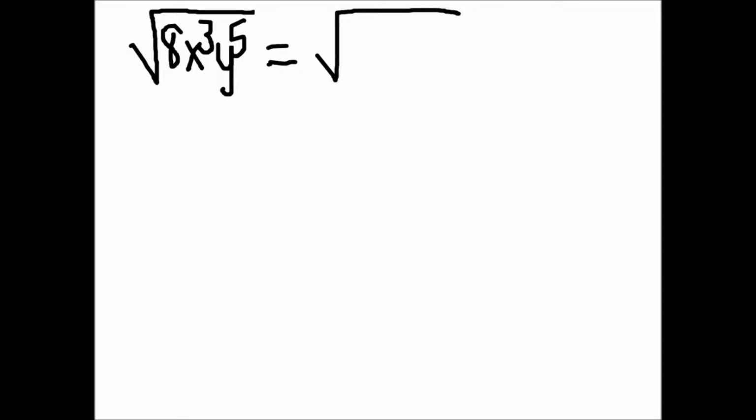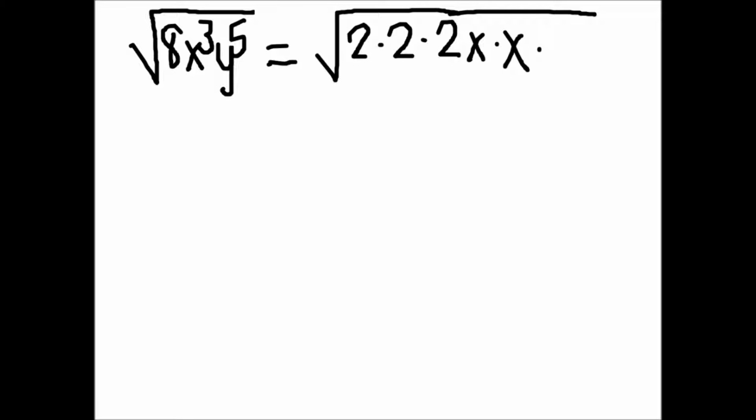So 4 times 2, and you can break up 4 into 2 times 2. So we know it's 2 times 2 times 2. And then x to the third means we have 3 x's, so x times x times x. And then we have y to the fifth. I'll write that in a different way in a minute.